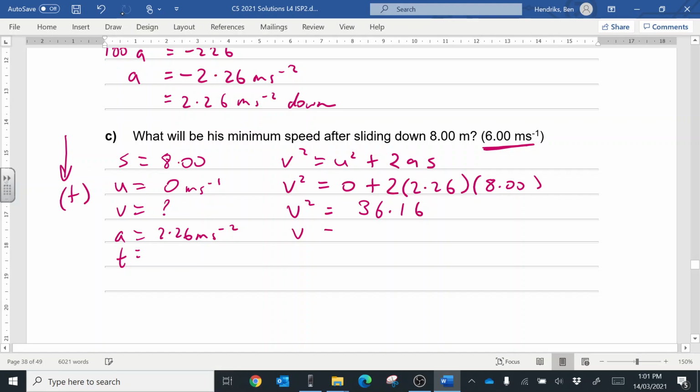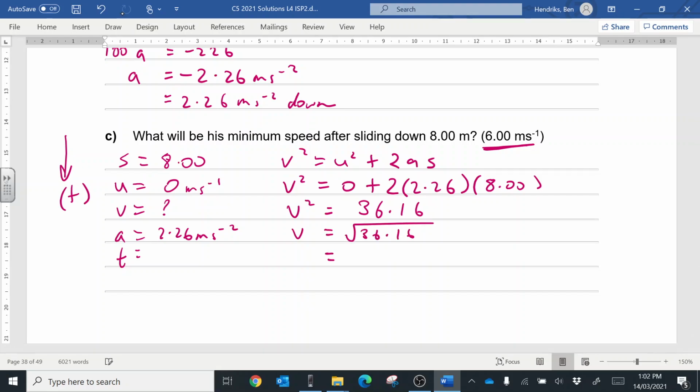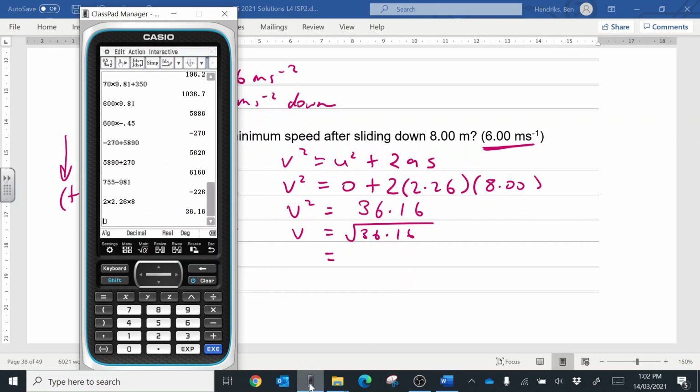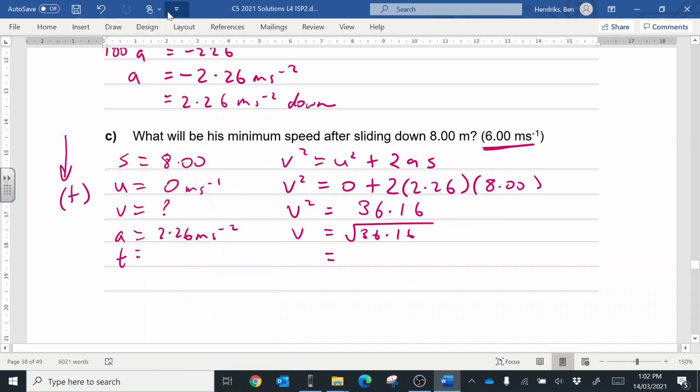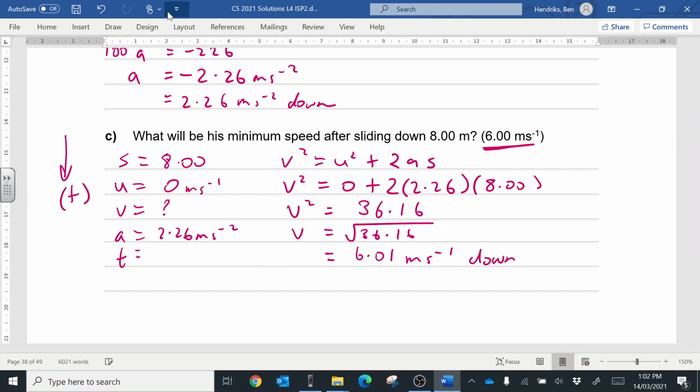And then v is equal to the square root of 36.16, which is close to 6.00. Let's look at it in exact terms: 6.01 meters per second. The speed doesn't need a direction, but anyway.